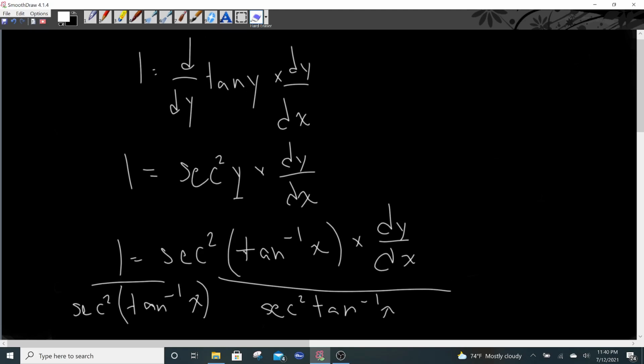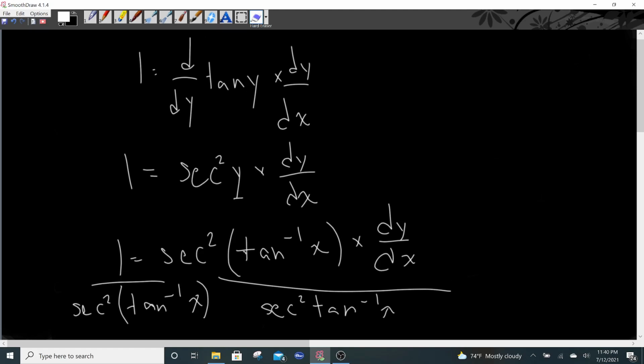So we are going to only be left with x, which means that our derivative for y equals the inverse of tan x is just going to be 1 over x squared plus 1, which I think is a pretty nice looking one.